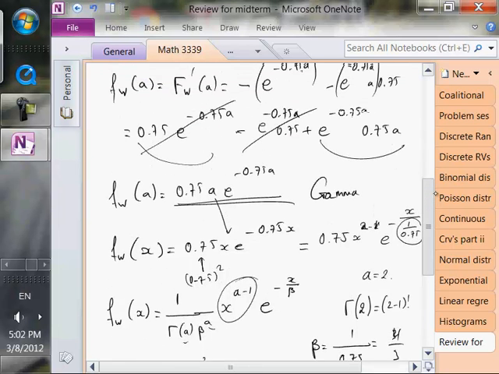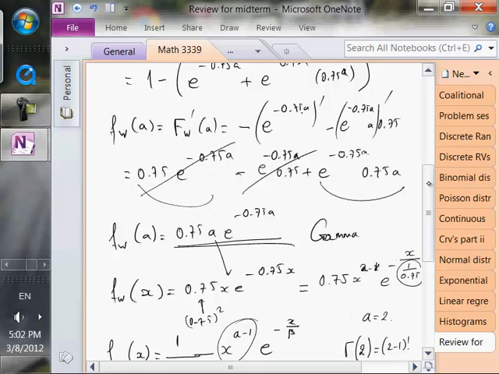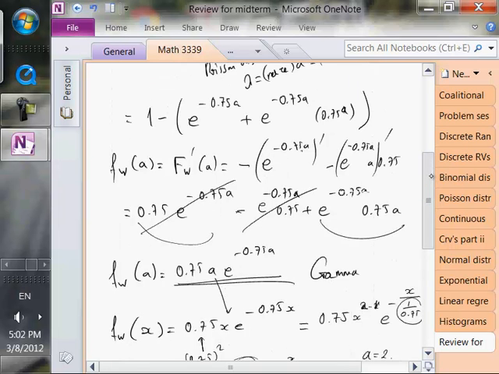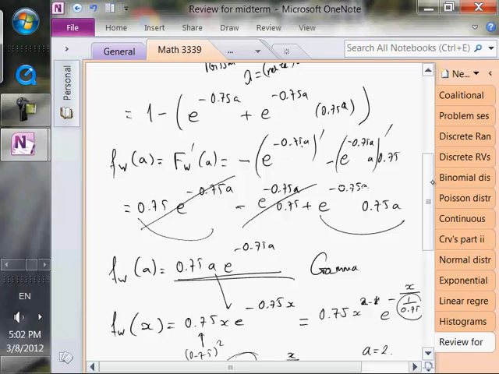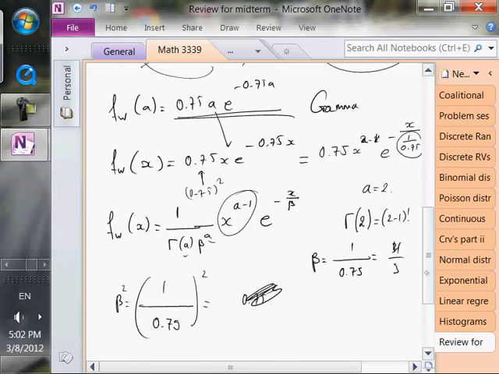Did I miss anything in the calculation? Oh, that's what you said? Yeah. Oh. Two events. Where did I miss it? Oh, I see here, yes. You see, my calculation already had a 0.75, and then I would get another 0.75 by taking the derivative of the exponent. So that would give me the desired square here. So everything is fine. It is gamma with parameters alpha equals 2 and beta equals 4/3.